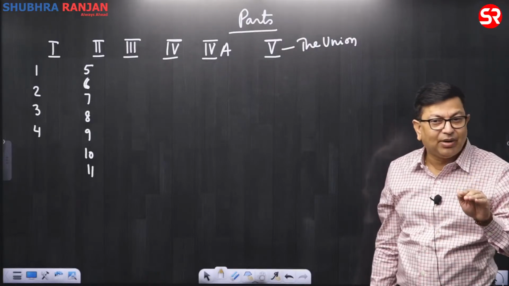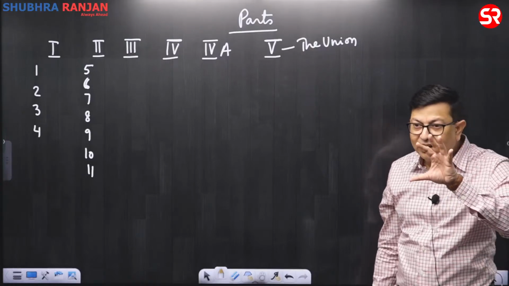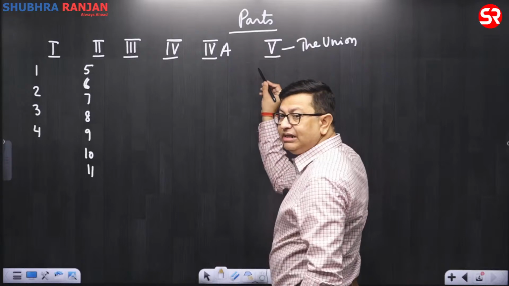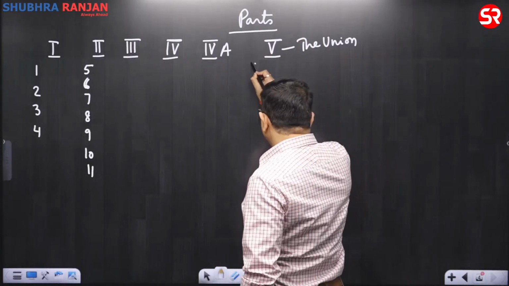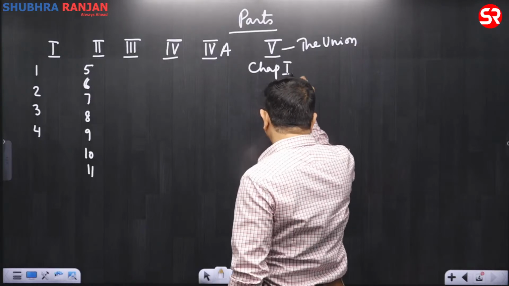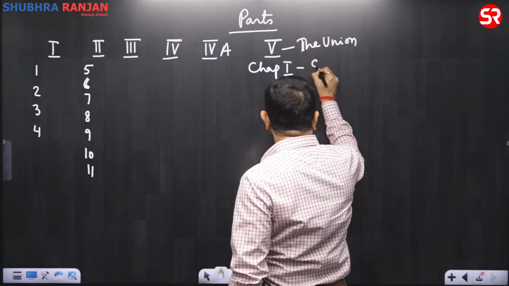Then we have got the parliament, the judiciary, supreme court, all will come under the union. So, here, as it is a multi-dimensional part, we have got the chapters. Chapter 1, it is the executive.